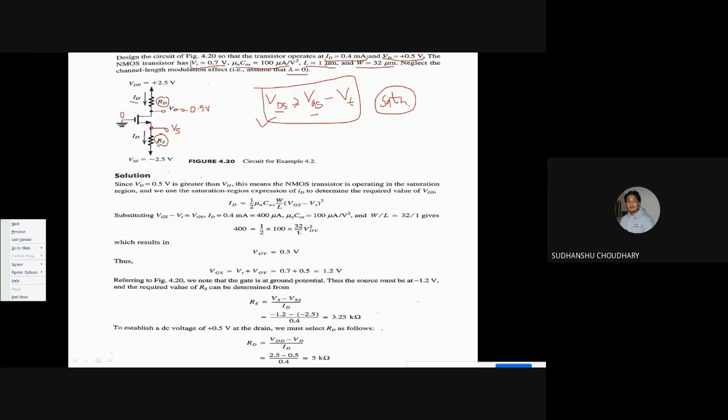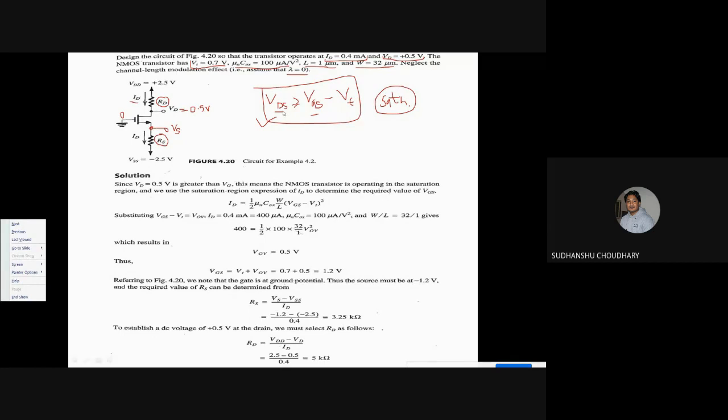So to design this circuit, one has to know whether this MOSFET is operating in saturation or linear region. To find that out, one has to look at this condition: for saturation, we had studied the drain to source voltage has to be greater than or equal to VGS minus VT. If it is less than VGS minus VT, then it is in linear mode.